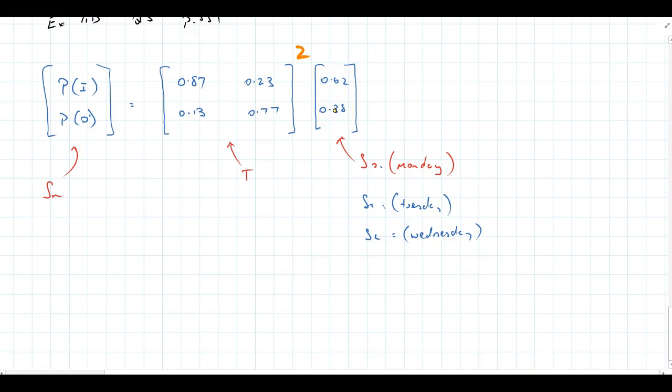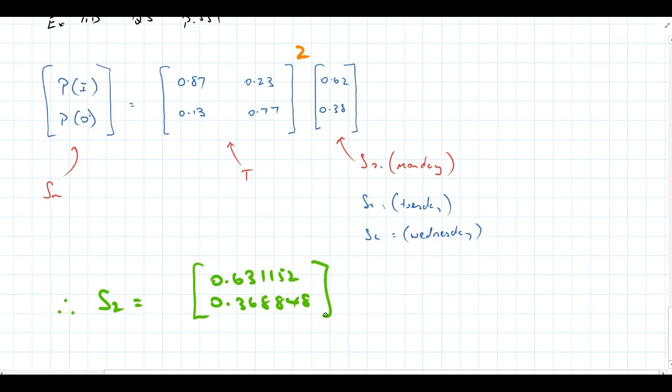Now I think if you put all that through, you will find that S2 is equal to 0.631152, 0.368848 if you look at that.